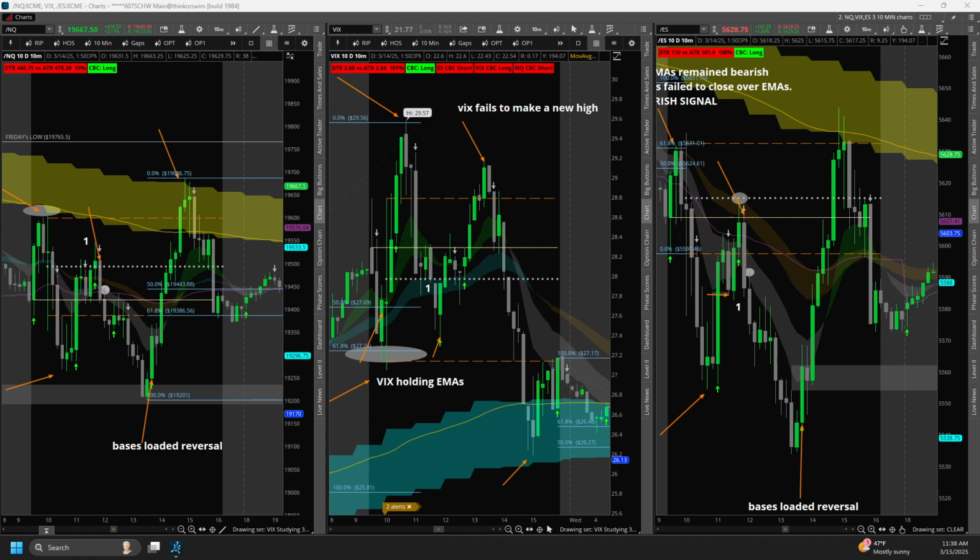But that's why I like the bases loaded, because the bases loaded gets me into trades and it keeps me from entering into poor quality trades, right? Other than me playing a suspicion, like, this looks suspicious here. Because we didn't get a bases loaded short here until the very last candle of the day. Even then, the market closed, right?